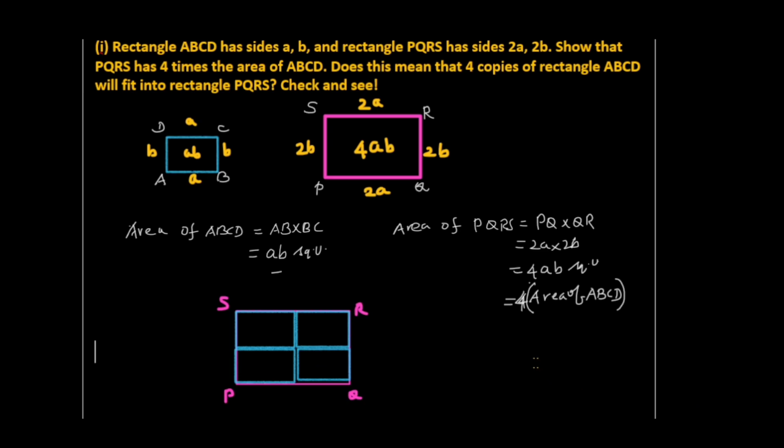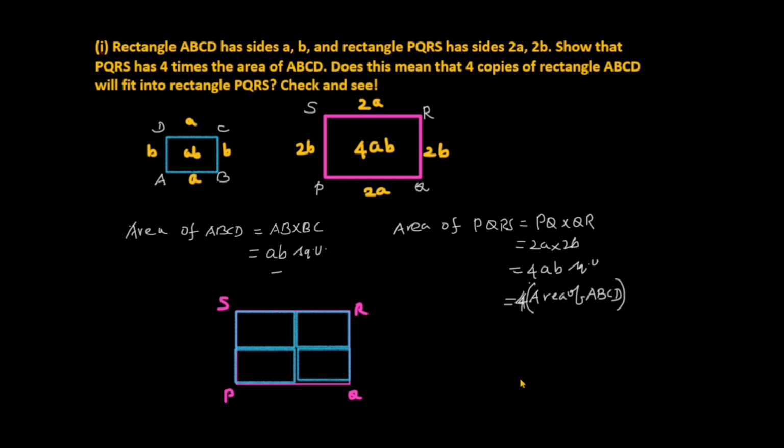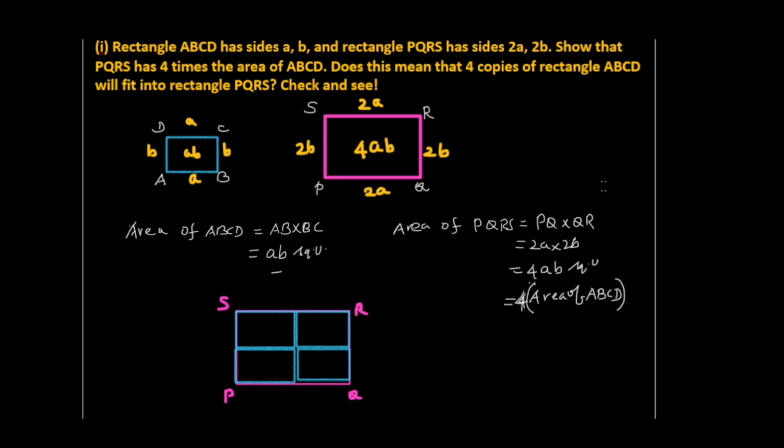So like this we can fit 4 ABCD. So area of PQRS, when PQ's length is 2A and breadth is 2B, is equal to 4 times area of ABCD.